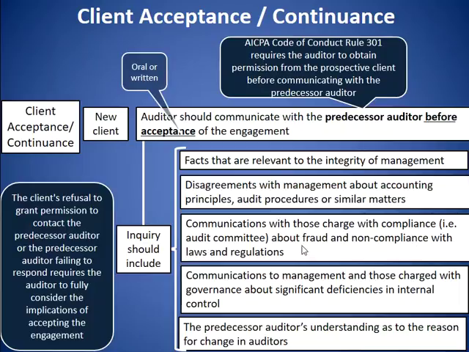In other words, did the predecessor auditor have to communicate with them regarding fraud and non-compliance with laws and regulations? Number four, communications to management and those charged with governance about significant deficiencies in internal control, or you can also say significant deficiencies in the company's control environment. And lastly, the predecessor auditor's understanding as to the reason for the change in auditors.